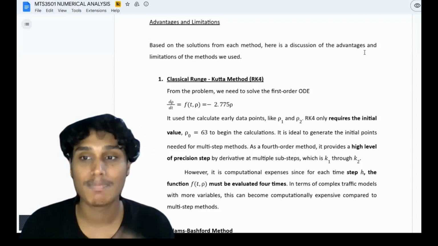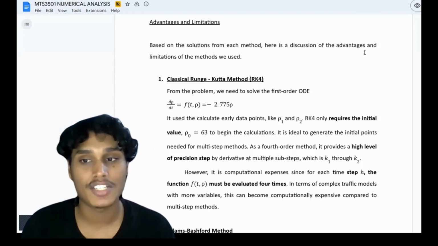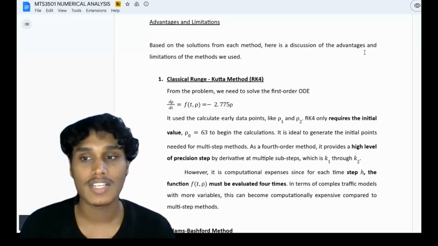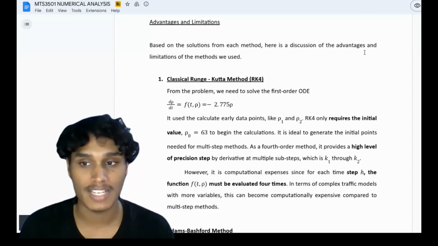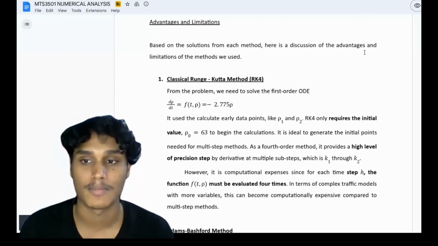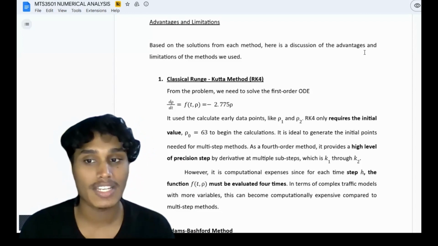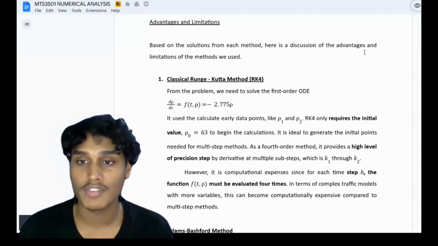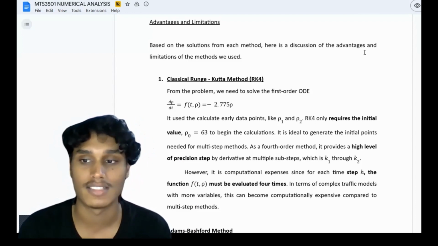Now, I will explain the advantages and limitations for the Runge-Kutta fourth order method. As we know, RK4 is a single-step method, which means it only needs the initial value to start the calculation. In our problem, we only need the initial value P0 equals 63. This makes RK4 very useful for generating the first few data points needed for multi-step methods.